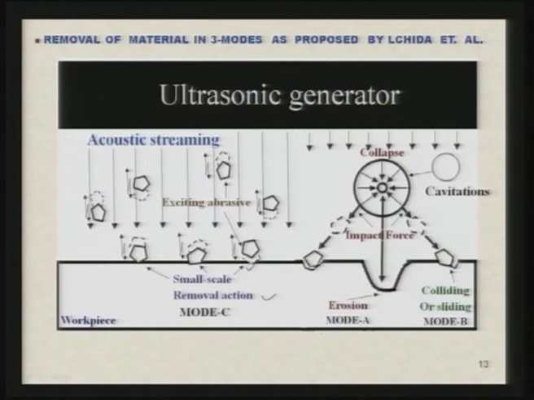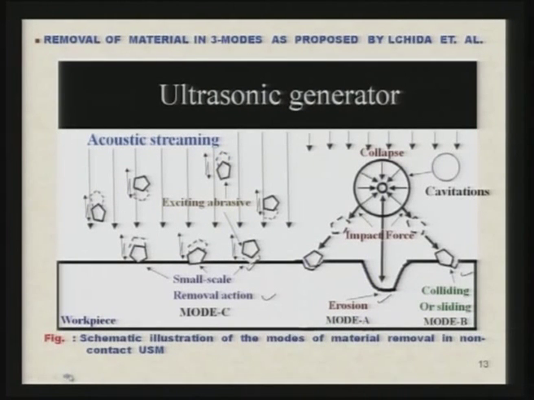In case of mode A, here is the crater formed over there, and in case of mode B, here is the crater shown over there. Now, you can clearly see the cavitation process also contributes to the removal of the material to some extent, apart from the hitting of the workpiece by direct impact from the tool.